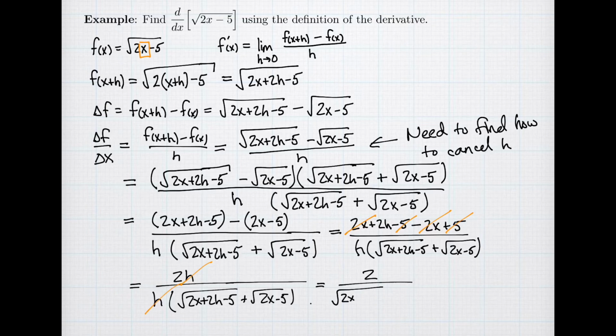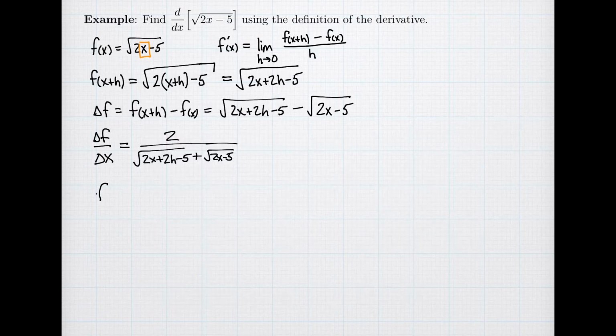And that's important because our limit definition for the derivative, we're going to be using h equals 0, and we don't want to have a divide by 0 in our problem. We now have a simplified formula for our average rate of change, and to finish the problem, we're going to take that formula we've just found and evaluate its limit as h goes to 0.